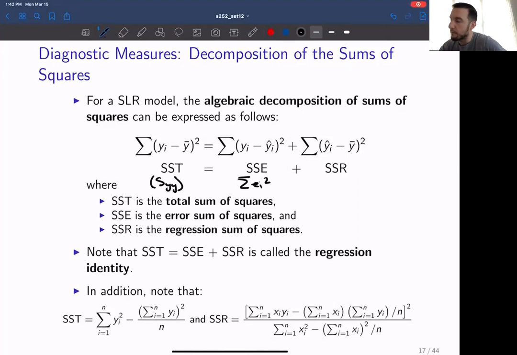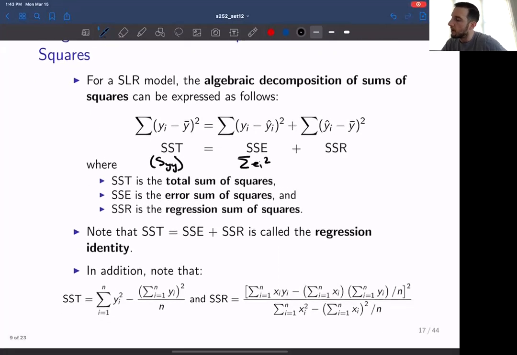Okay, and then we have the sum of squares regression, which is the difference between the predicted values of y from the regression line and the mean of the sampled values of y. So we have SST is equal to SSE plus SSR.